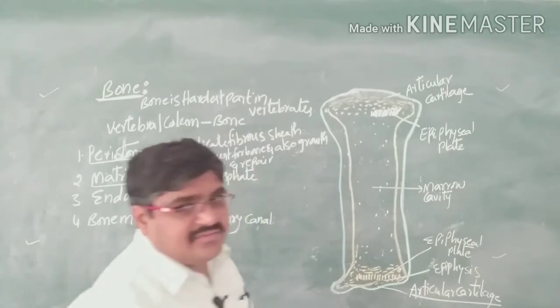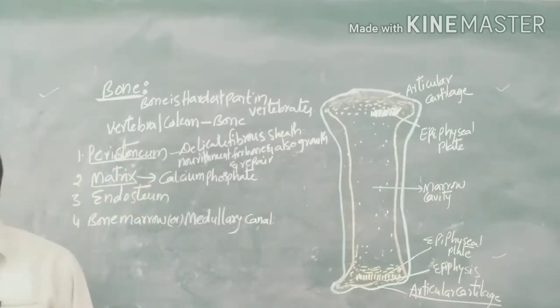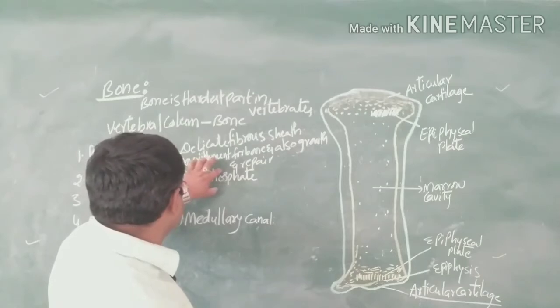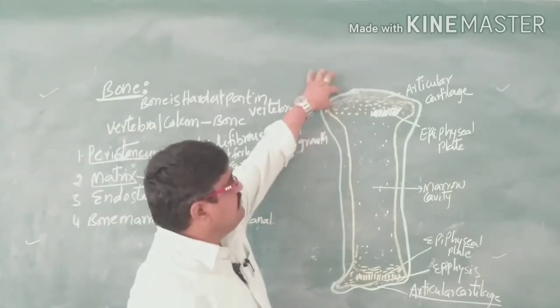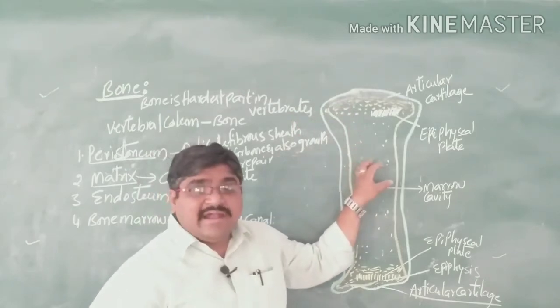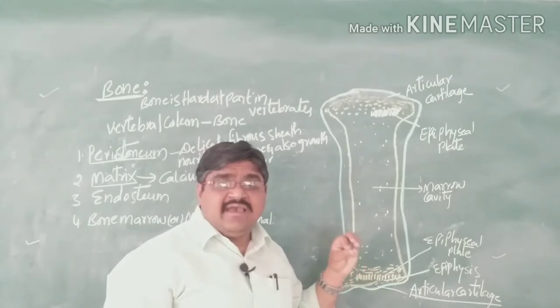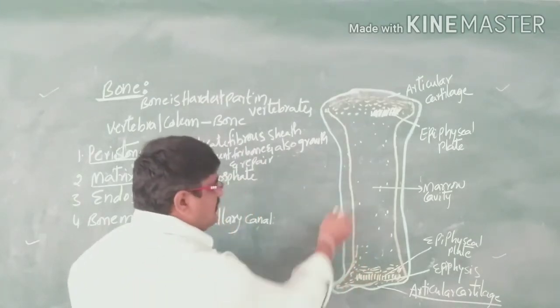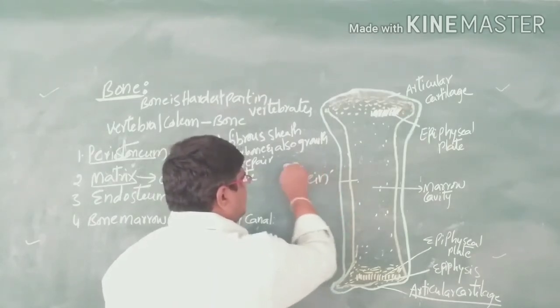So the main component of the bone is the matrix, which makes up the bulk of the bone. After the periosteum comes the matrix, and it also contains specialized cells, which are called osteocytes, the bone cells.